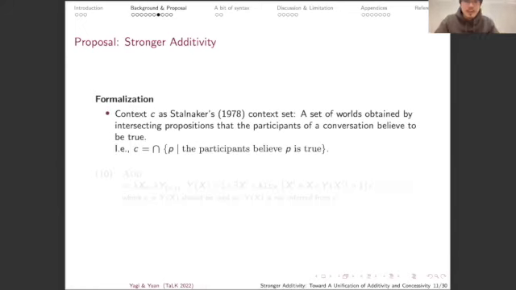And we can do a formalization. Let's suppose that context C is Stalnaker's context set, which is a set of worlds obtained by intersecting propositions that participants of a conversation believe to be true. For instance, in the current context, since we utter "if Ethan comes, I'll be happy," this conditional by itself is in the context set, of course.